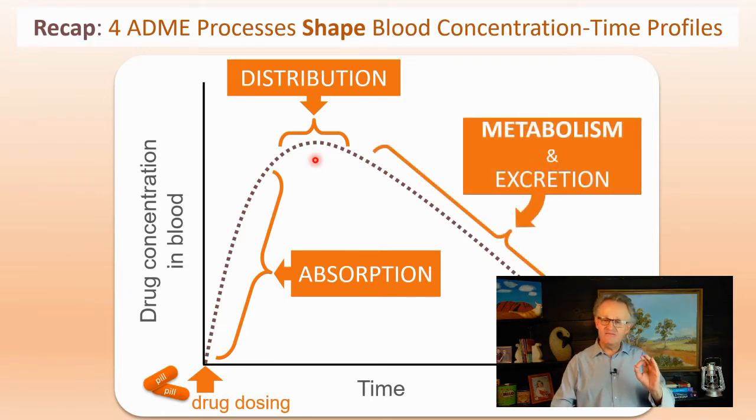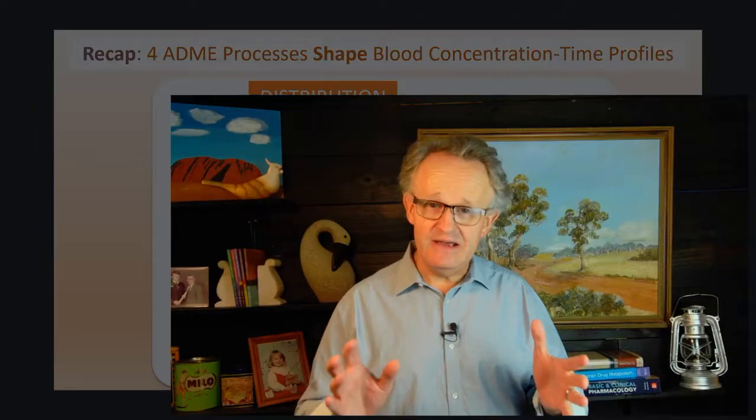And this is under the influence of metabolism, but also another phenomenon we'll look at in a subsequent lecture on excretion. But metabolism is particularly important, and it has a lot to do with how quickly the blood concentrations fall with time after passing the peak, after ingesting a new dose of a drug.